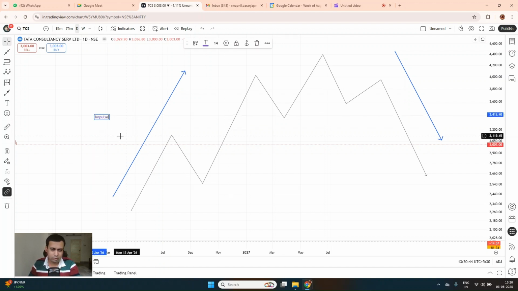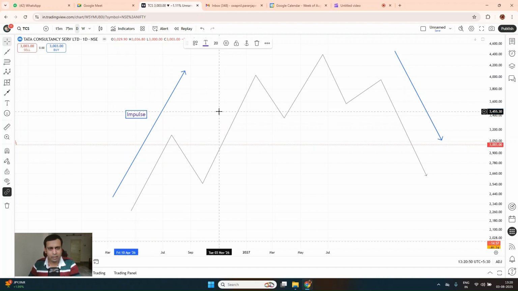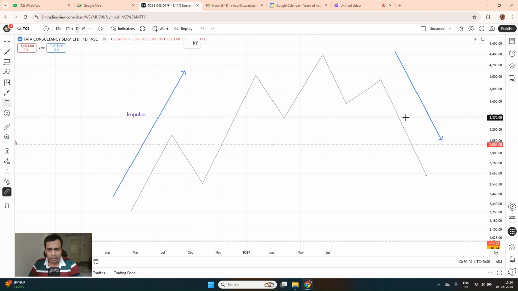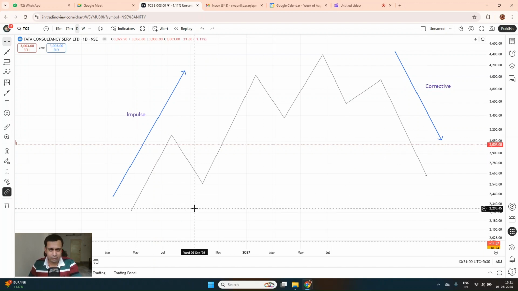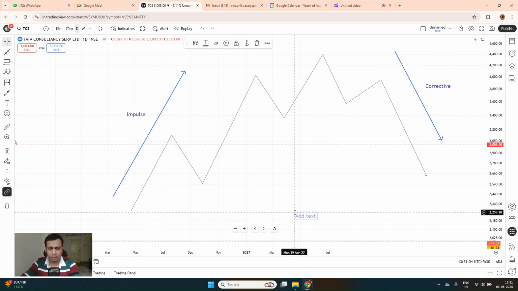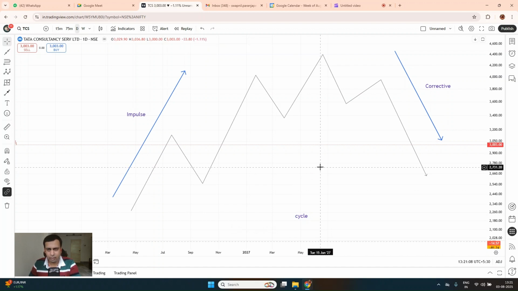Now, I'm not saying that price moving up is necessarily impulse. Price moving in one direction is impulse, and price moving in the opposite direction is corrective. So this entire cycle that comprises one impulse and one corrective is basically a repeating unit in the fundamental Elliott wave theory.